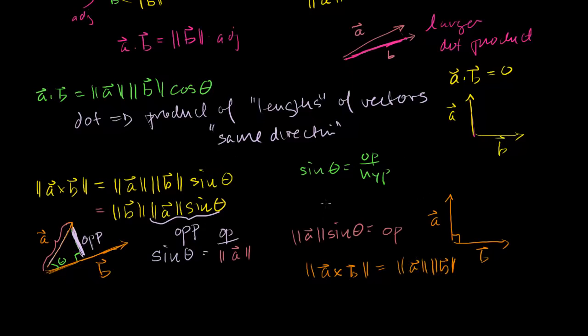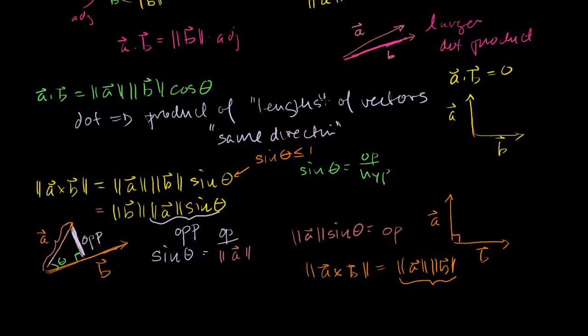It's 1. So in this case, you have maximized the length of your cross product. This is as high as it can go, because the sine of theta is always less than or equal to 1. So this is as good as you're ever going to get. This is the highest possible value when you have perfectly perpendicular vectors.